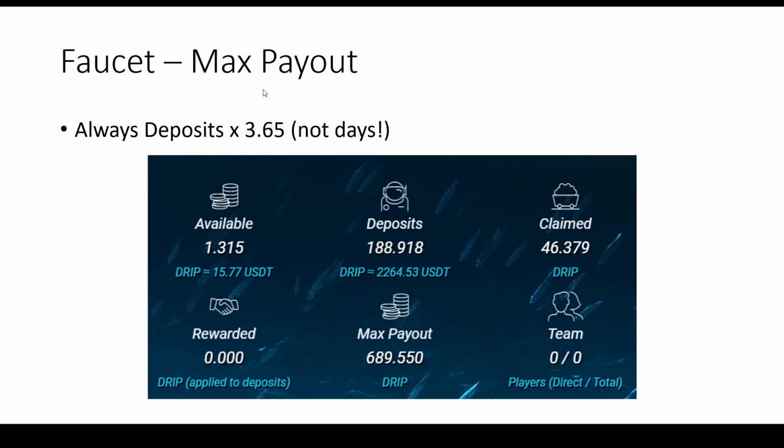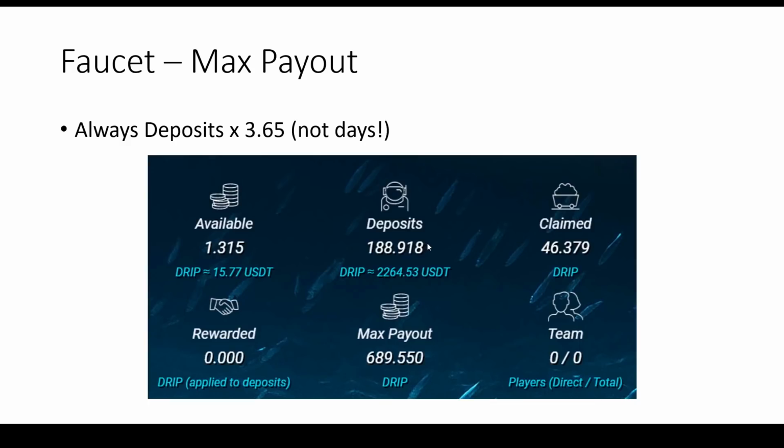It is not days. The max payout, and look, you can do the calculations yourself: take the number that you have in deposits, multiply times 3.65. You will always get your max payout number.